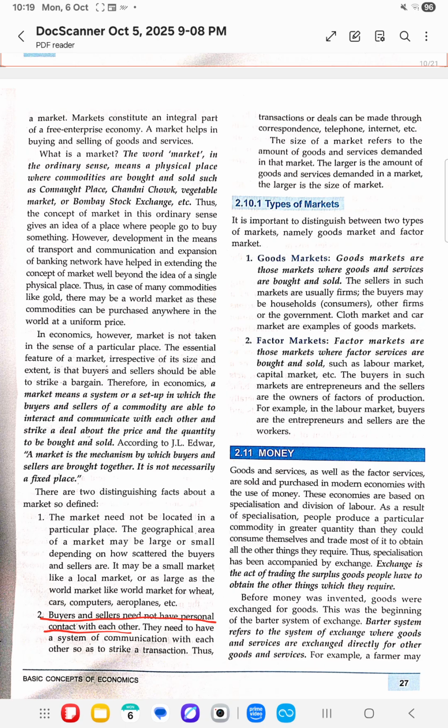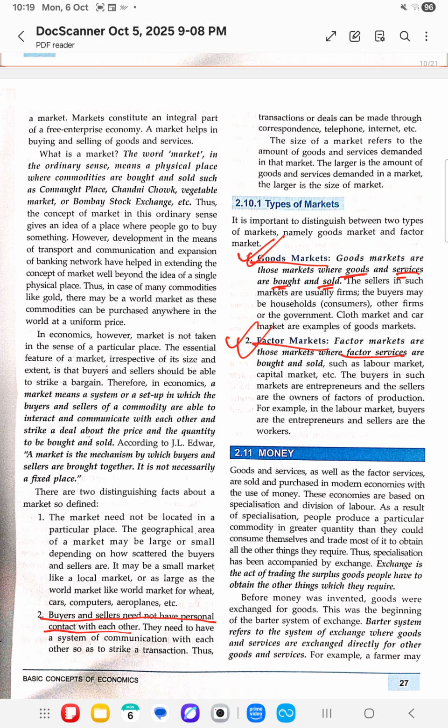Next up is types of market. Two types of market exist. One is goods market, one is factor market. Goods markets are those markets where goods and services are bought and sold, and factor markets are those markets where factor services are bought and sold. Goods market is selling the ones that we are relevant with, any goods that you're going to buy.